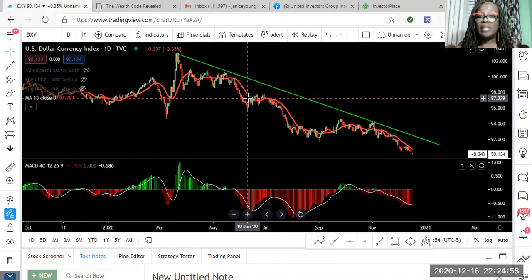Then you have the stimulus package that's still in negotiations. And so the more money that you pump into the market, the weaker the dollar gets. It's like if you have a surplus of a thing, it loses value, right? Think of it like this.